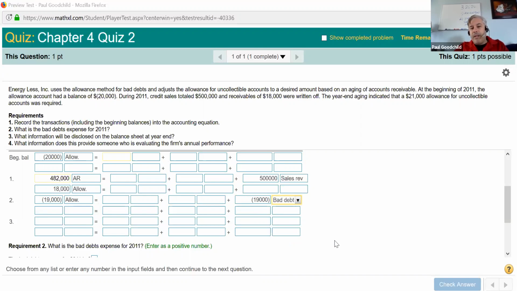I was combining the terms 20,000 plus 18. So minus 20,000 plus 18,000 equals minus 2,000.